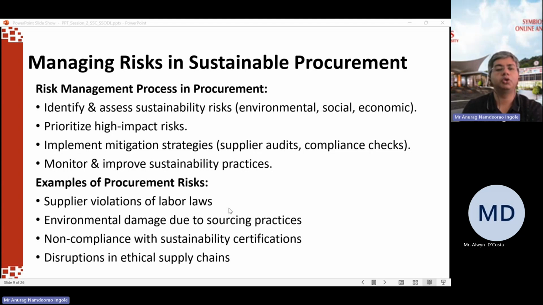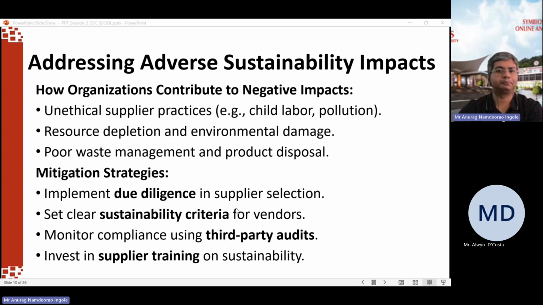Your operations are going to get shut because he can no longer supply you. That is a disruption for you. Then environmental damage due to sourcing practices is a procurement risk. Non-compliance with sustainability certificates, like your supplier not following the regulations or the compliance requirements. Disruptions in the ethical supply chain. These are some examples of procurement risks.